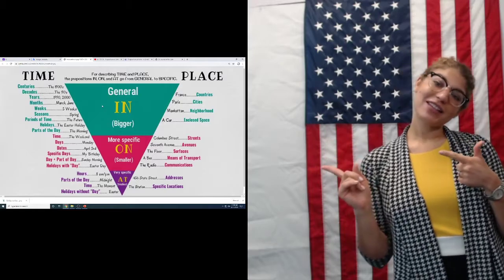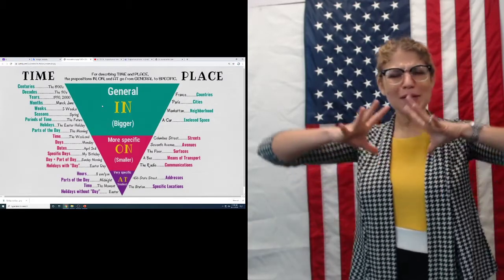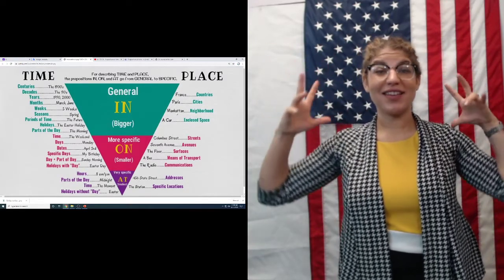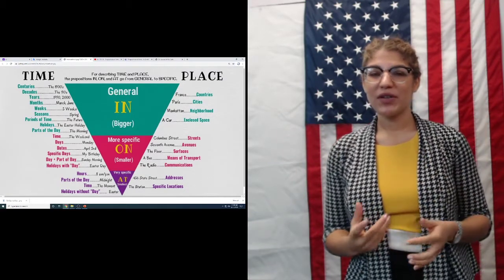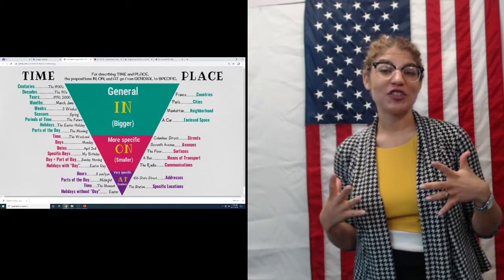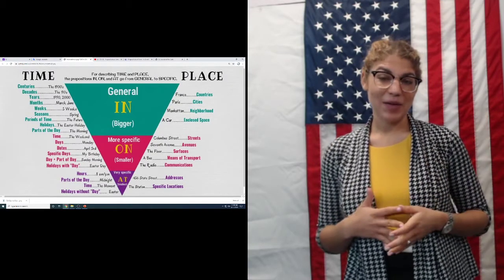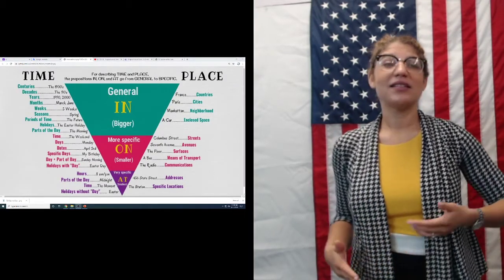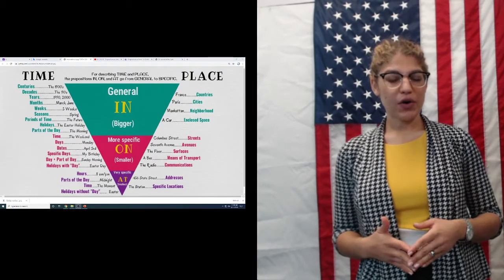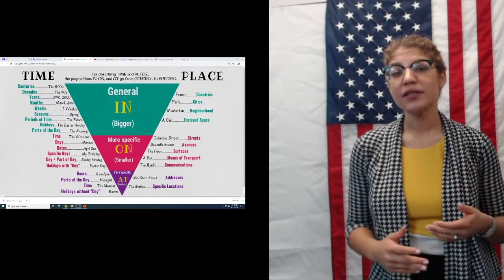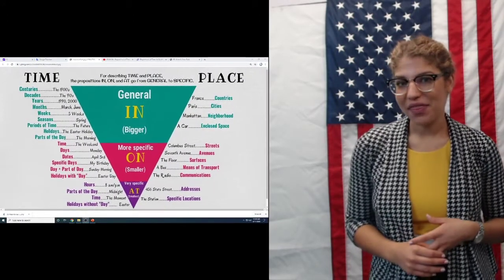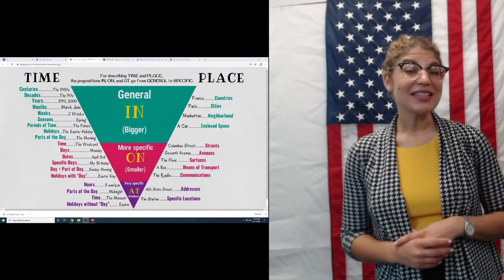If you'll take a look here at the picture, you'll see the big space is in. In is for a time period that is very large. For example, a decade or a century, a year, a month, a season.